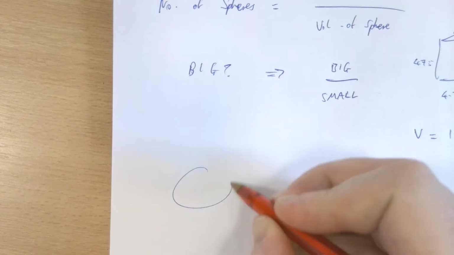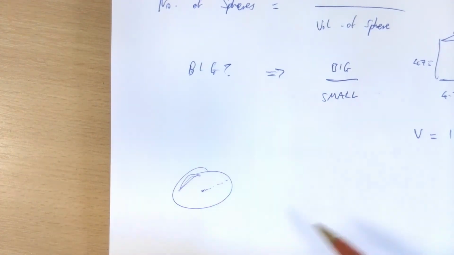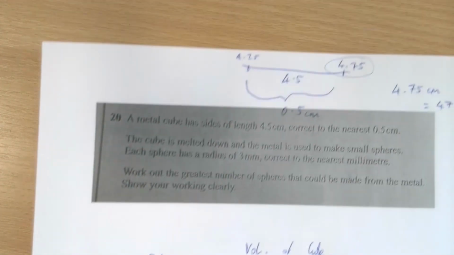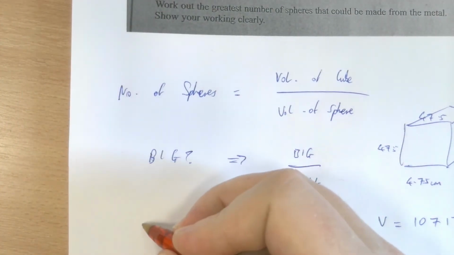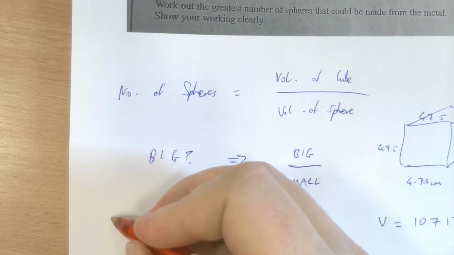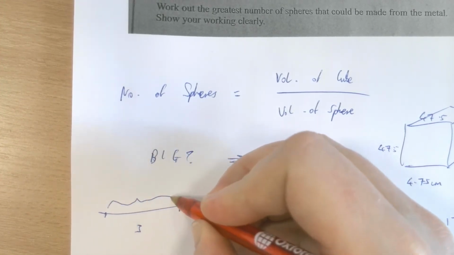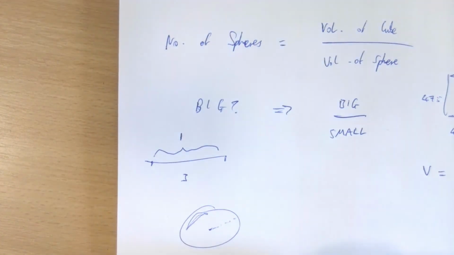So there's a sphere. I don't know how to draw a three-dimensional object. I'm not very good at this, but that's okay. This radius, we've been told, is 3 millimeters correct to the nearest millimeter. So let's do a similar exercise. It's been rounded. There's a range of values that 3 could be, and the width of that range, to the nearest millimeter, is 1 millimeter.